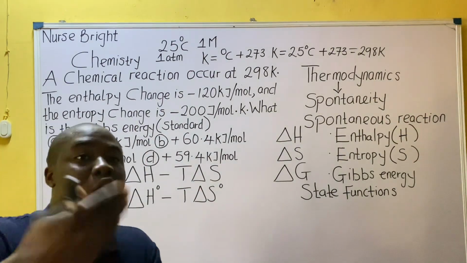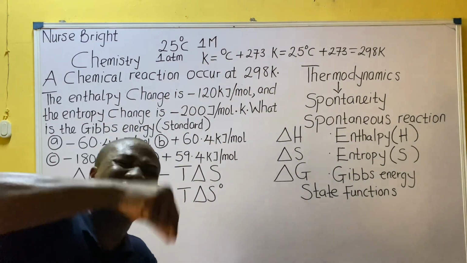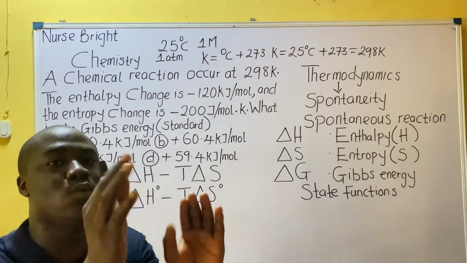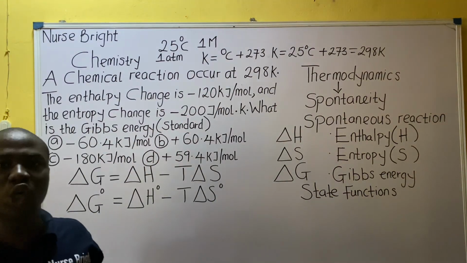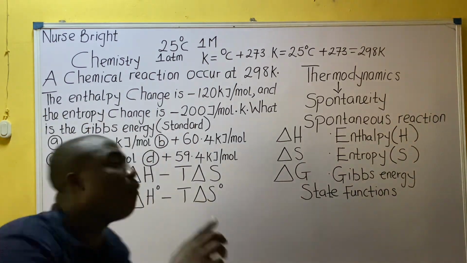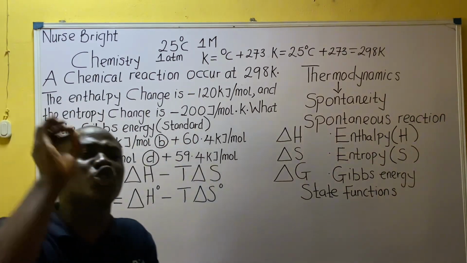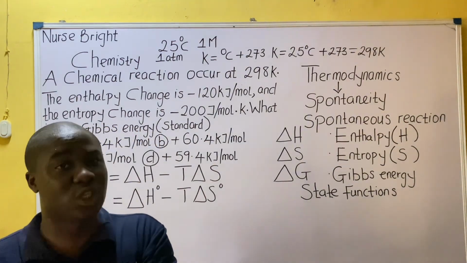I actually rewrote the formula because I saw that the Gibbs energy was in standard condition. If Gibbs energy was not in standard condition, then I would leave it like this. Do you understand? And actually, there is a specific formula which is different from this to solve questions for Gibbs energy when it's not in standard conditions, all right?